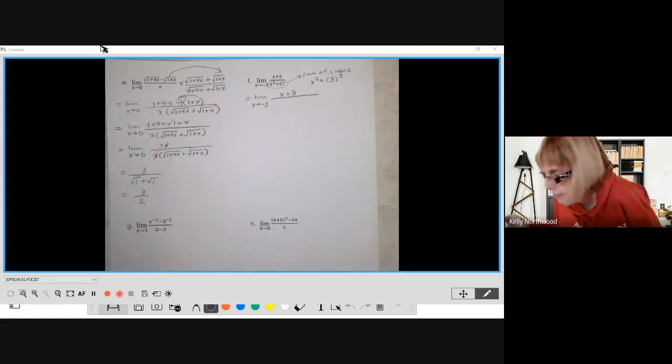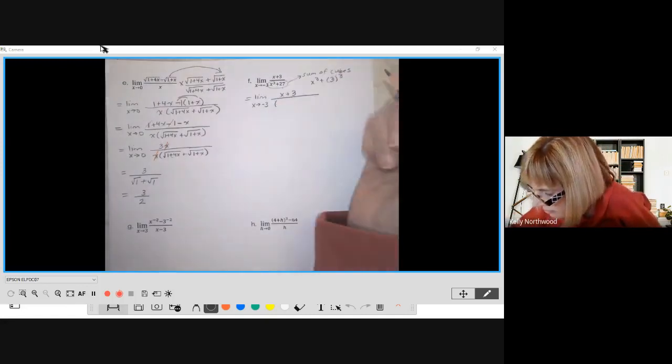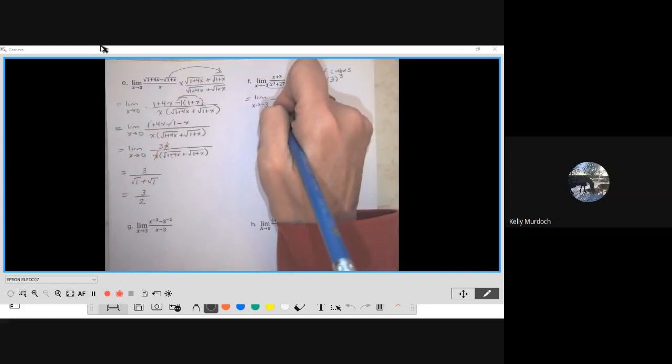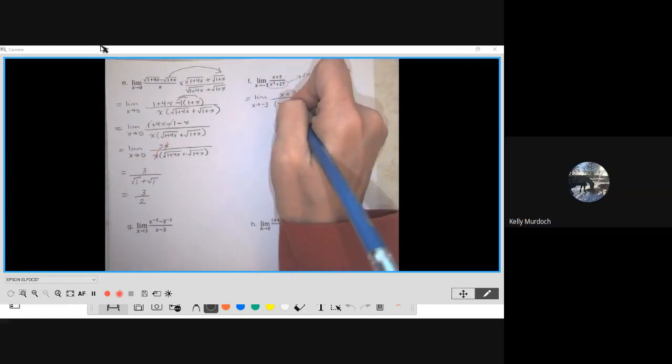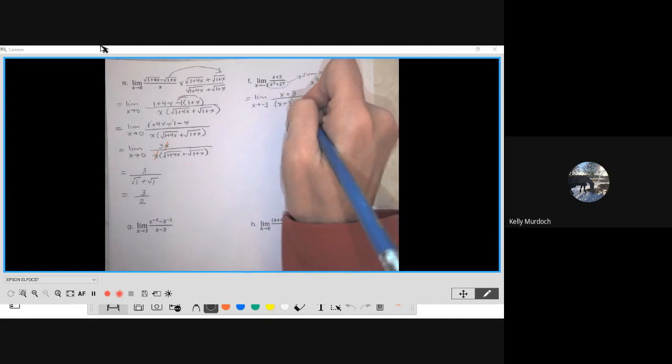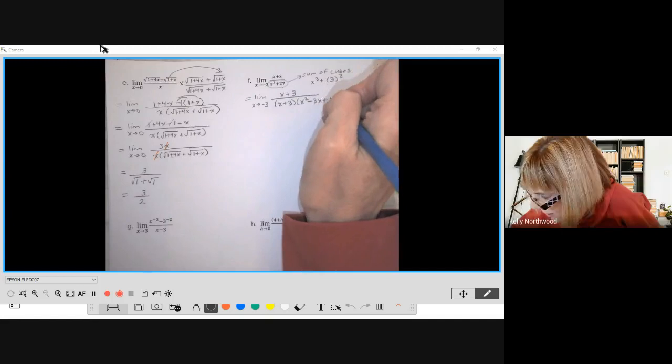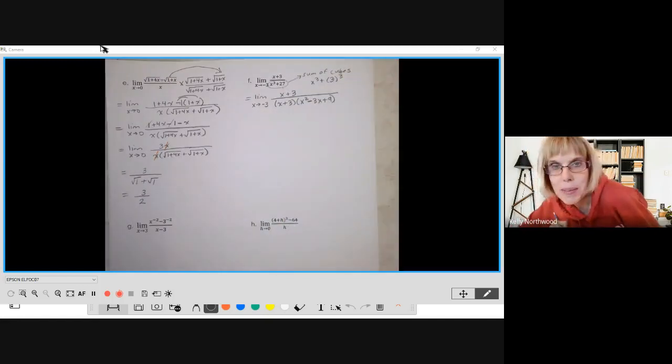Anyone think they have it? Bracket x plus 3 bracket, and then another bracket x squared minus 3x plus 9 bracket. Perfect, yes. Any questions about how to get that?